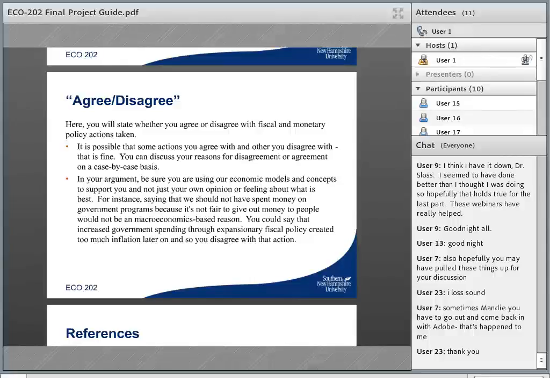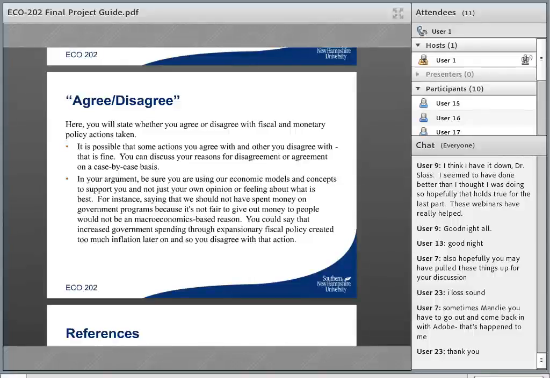So really, we want to just focus on things that are based on macroeconomic reasoning. So if you want to say that, you know, I disagreed with increased spending because the expansionary fiscal policy created too much inflation, that is something that you can prove with the data. You can show the increased inflation, and it aligns with our macroeconomic models. So that's really where we want you to focus your agreement or disagreement on any of these policies.